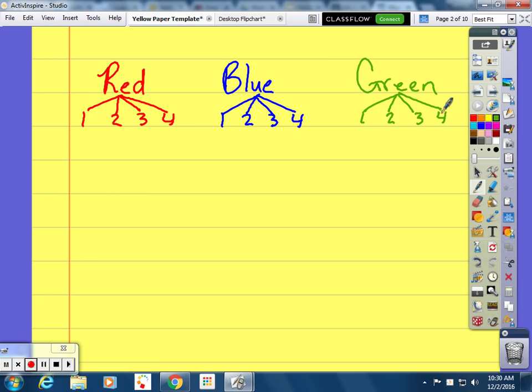So then I count across. This would be 1, 2, 3, 4, 5, 6, 7, 8, 9, 10, 11, 12. There are 12 possible outcomes. And it's asking me what's the probability that it's going to be a 3 and a blue. 3 blue.